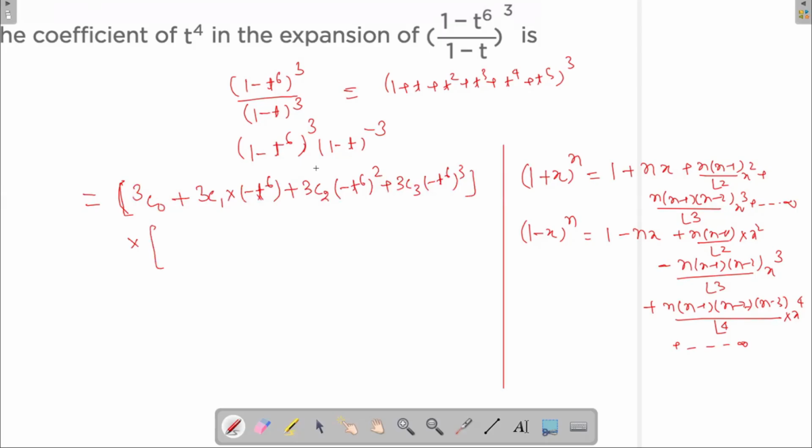The next expression, as we have seen, is 1 minus x raised to the power n. You just have to put the numbers as they're appearing.